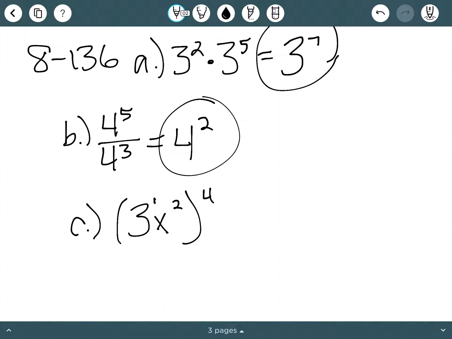That 4 outside of the parentheses distributes to my 1 and to my 2. And when we distribute that, we multiply. So we would get 3 to the fourth x to the eighth.